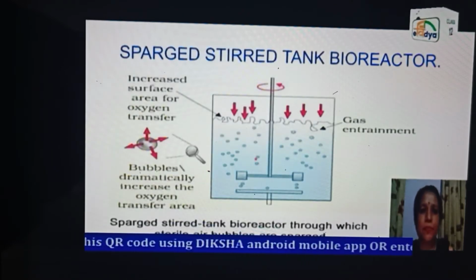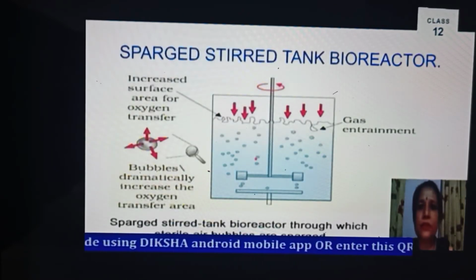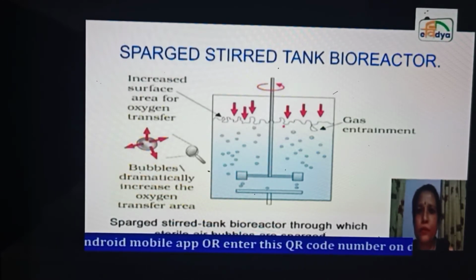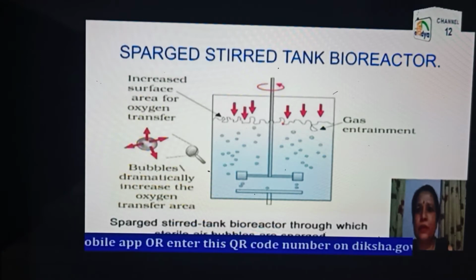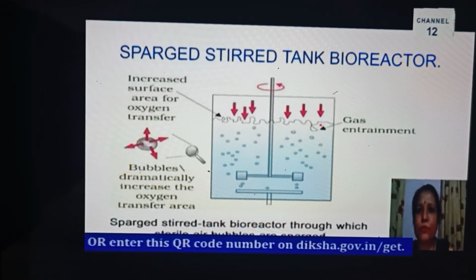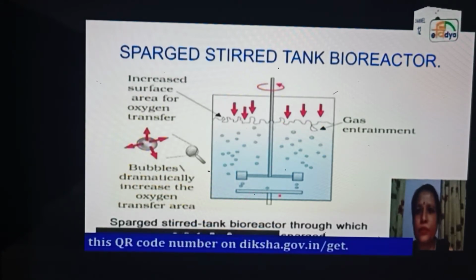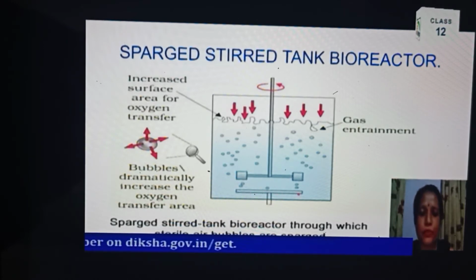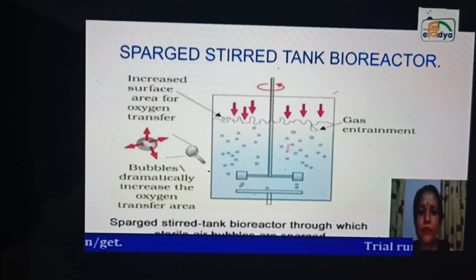Now this is the sparged tank bioreactor. For proper aeration, air can be forced in at the bottom of the tank through a porous ring called a sparger by a process of spraying, and a large number of bubbles are formed in the bioreactor.